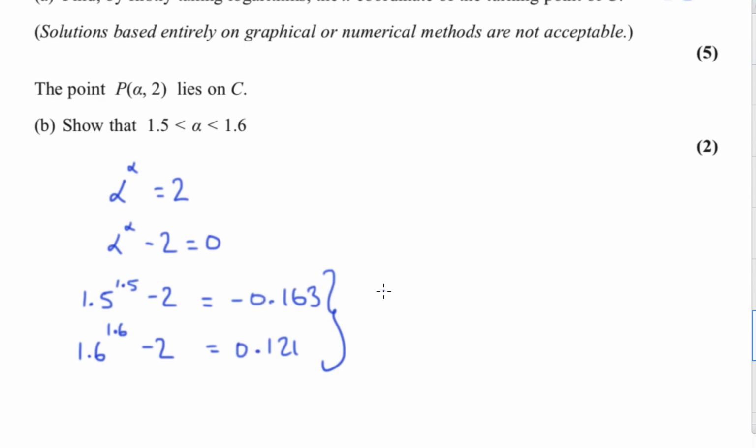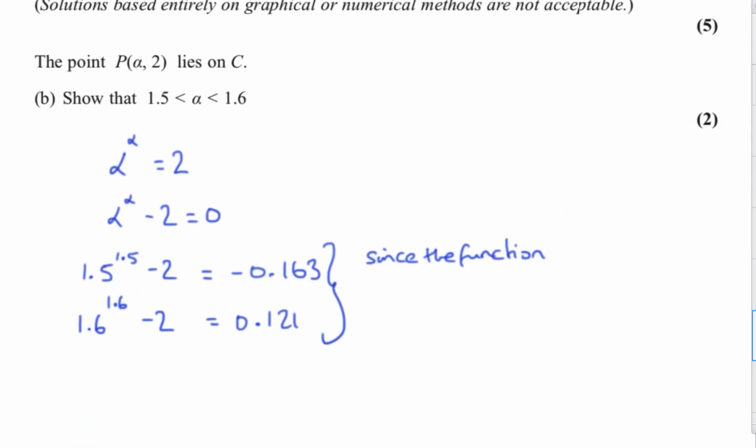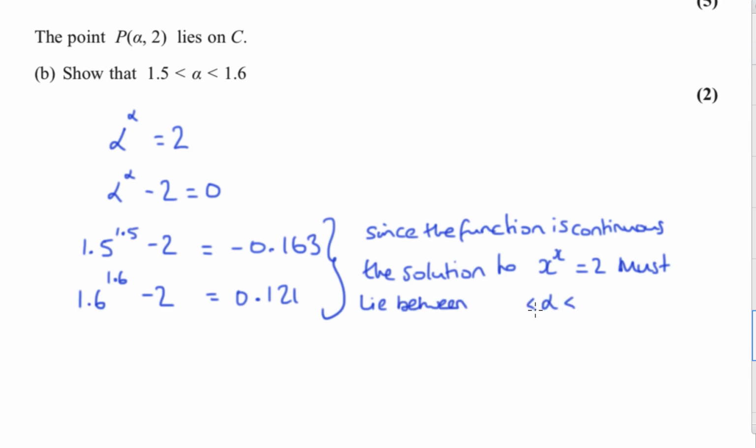And we've got a change of sign here. We've got one negative and one positive, so we can then quote the sign change rule and say that since the function is continuous, in other words, there's no asymptotes in the range that we are looking at, the solution to x to the power of x equals 2 must lie between x equals 1.5 and 1.6 due to the sign change rule.